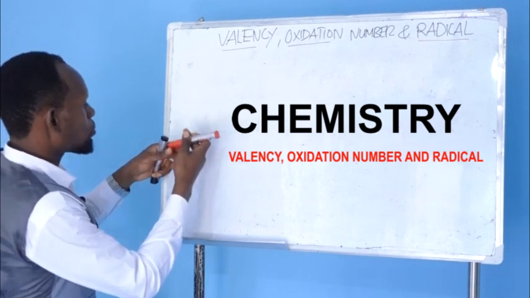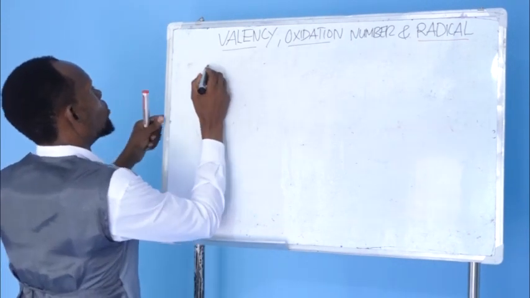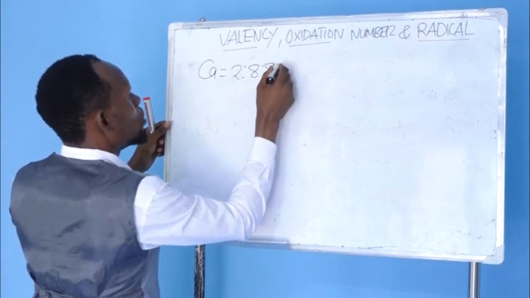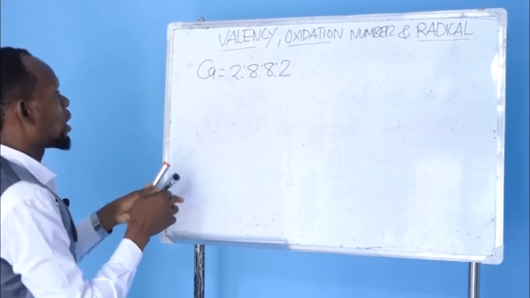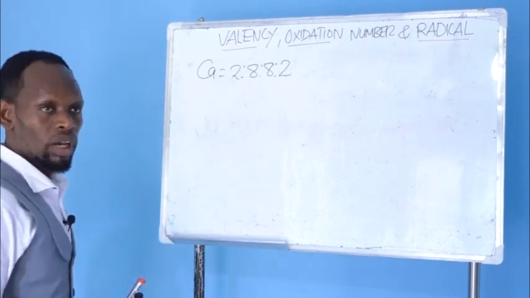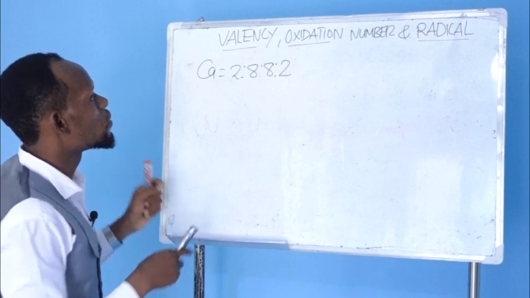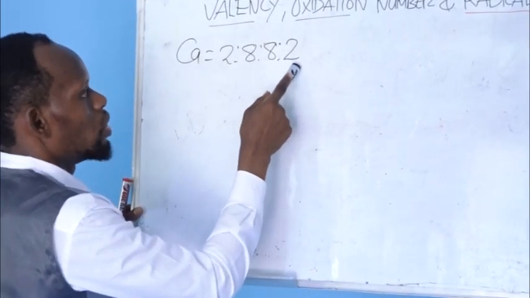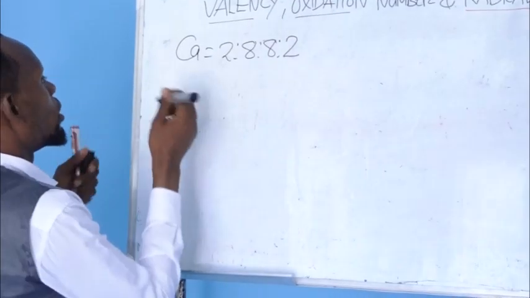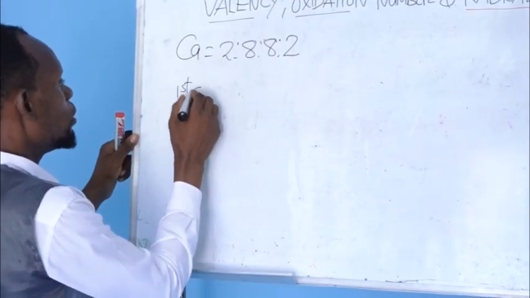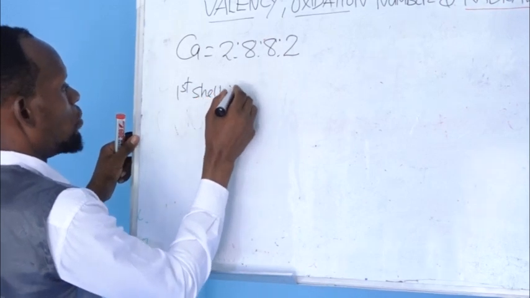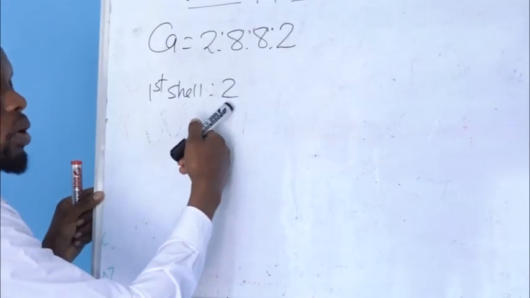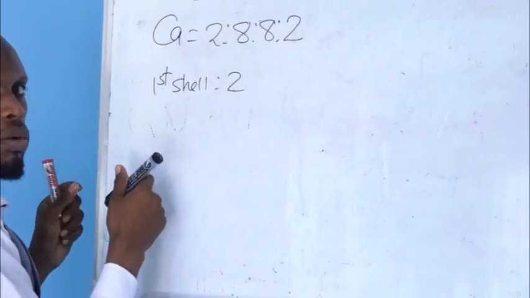So for example, here we have calcium. Calcium is 2,8,8,2. So calcium is an unstable atom. Why? Because its outermost shell is not full. We know that the first shell should have a maximum of 2 electrons. If it has less than 2, that atom is unstable.